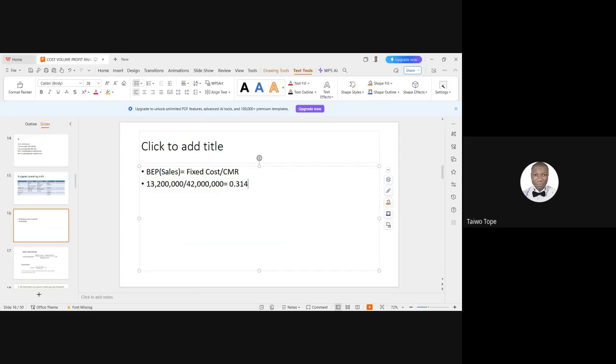So now the break-even point in sales will be 38,216,561, approximately.